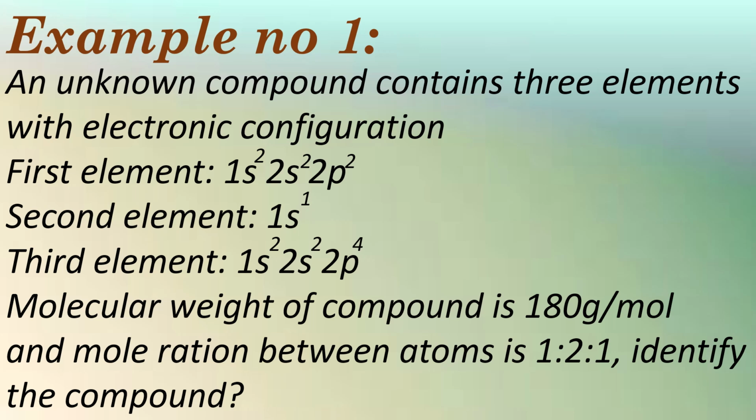S orbital can occupy maximum 2 electrons. P orbital consists of 3 orbitals, each containing 2 electrons, so a total of 6 electrons. So we have electronic configuration given, molecular weight given, and mole ratio between atoms given. We have to identify the compound.